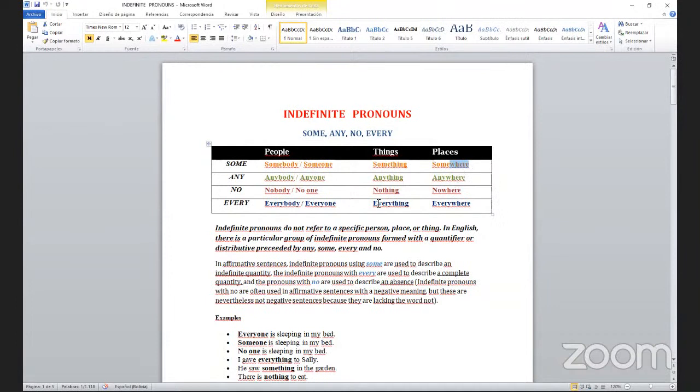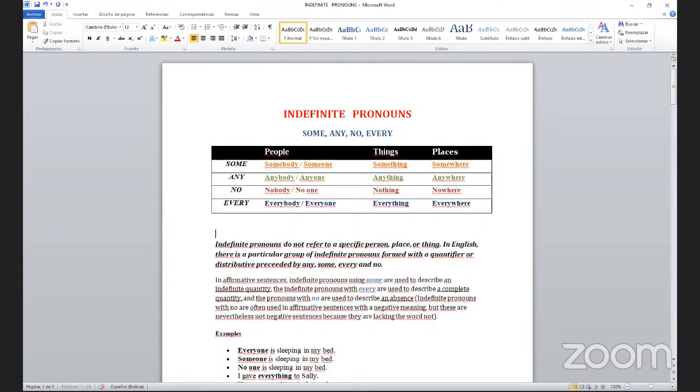So what is the difference between these four? Because some, any, anybody, and nobody are kind of the same. Nadie, nadie. Anyone and no one, nadie, nadie. Anything, nada, nada. So what is the difference between these four?